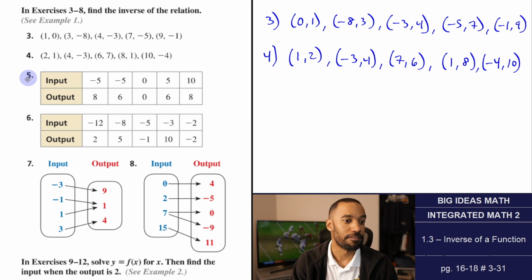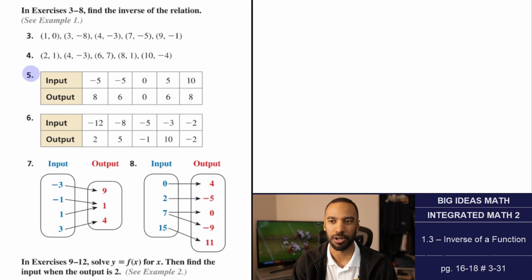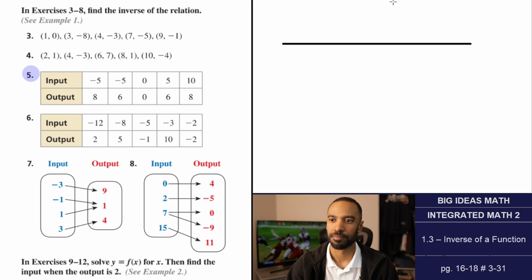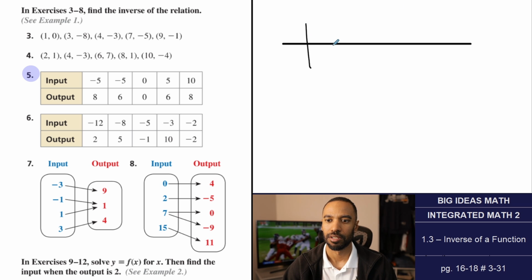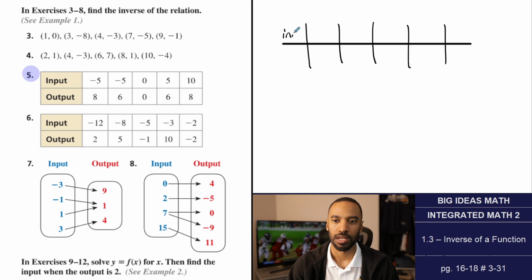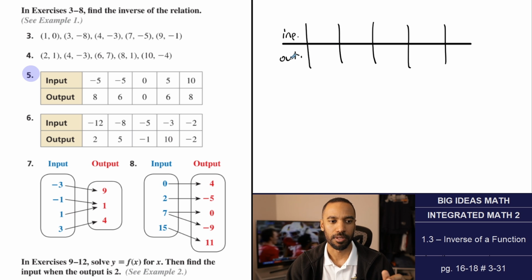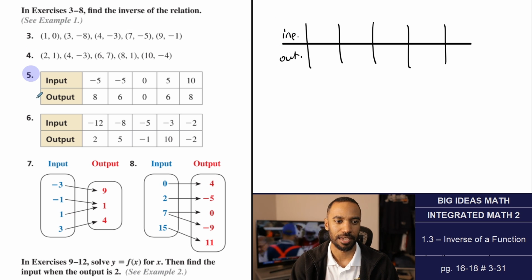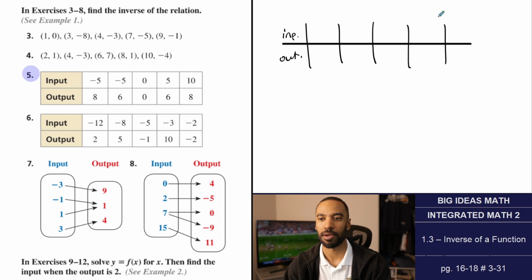Okay, numbers 5 and 6 are tables instead, where you have inputs and outputs. So I can generate a table-looking thing, if you will. That'll be good enough. Okay, so input and output. You swap the inputs and outputs. You see that negative 5 and that 8 here. Bring the 8 up and the negative 5 down.